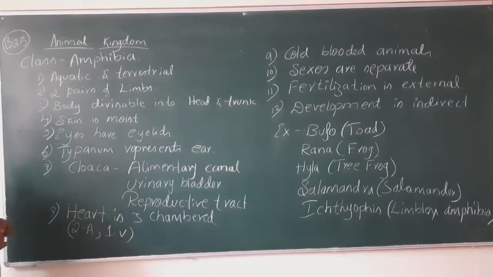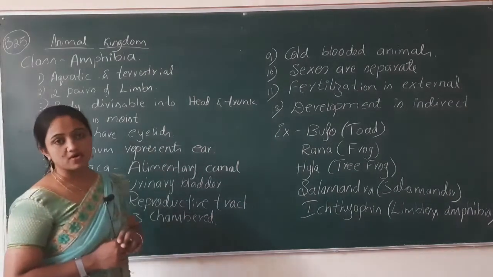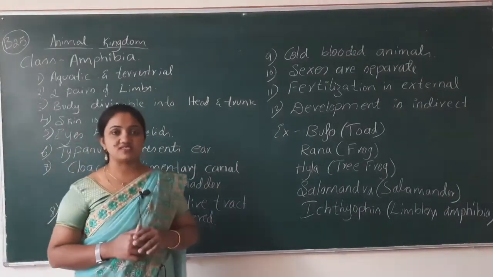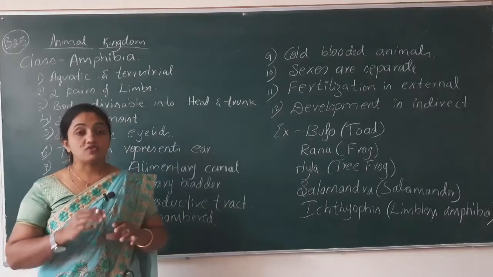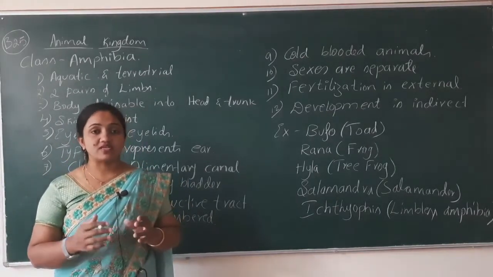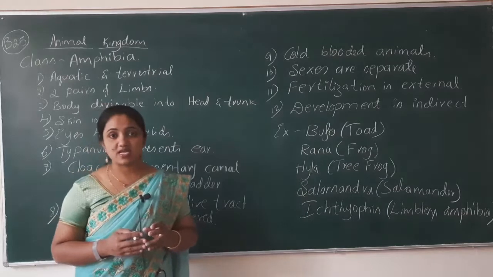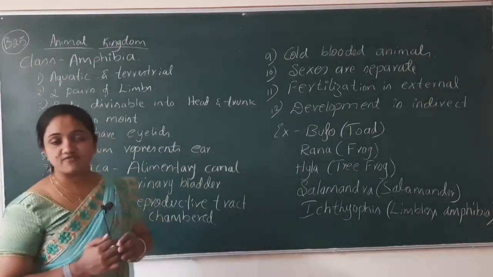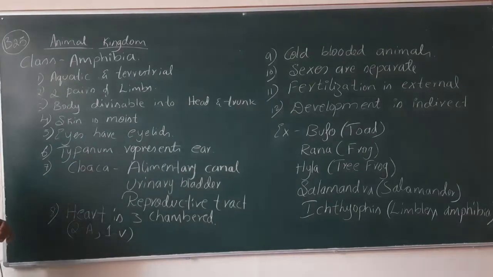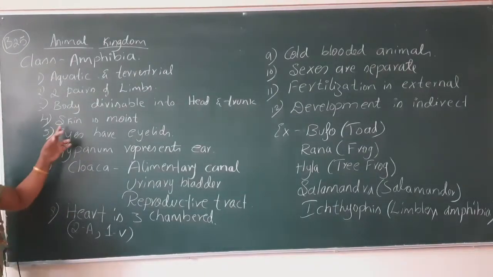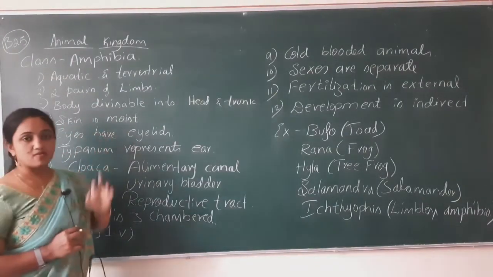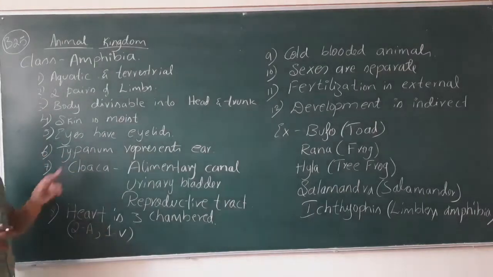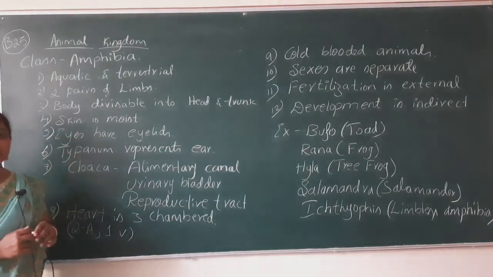The next characteristic feature is that the skin is moist. In the previous classes, we studied the skin; it consisted of placoid scales and ctenoid or cycloid scales. Those kinds of scales are absent in class Amphibia. So the skin is moist and the eyes have eyelids.